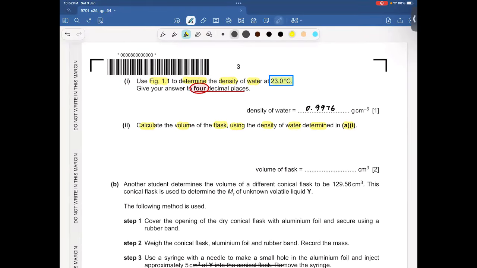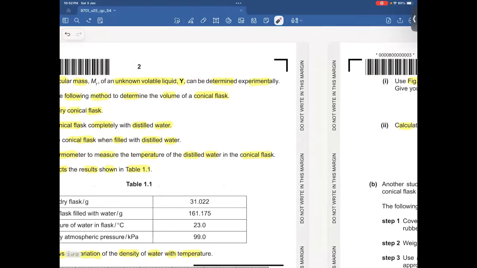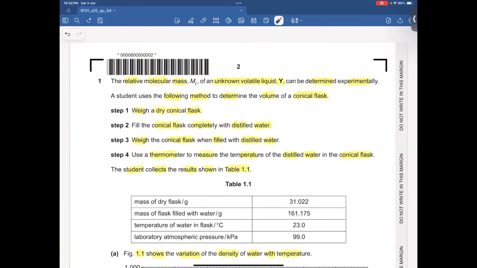So using this density and the mass, we can find the volume.